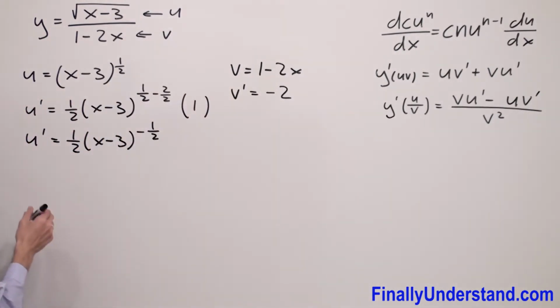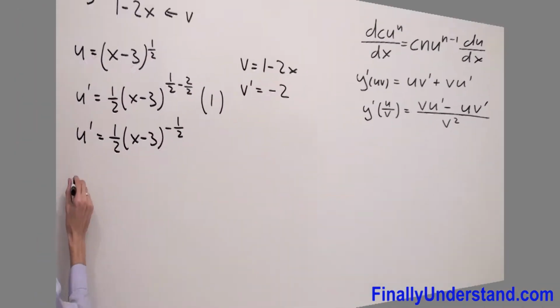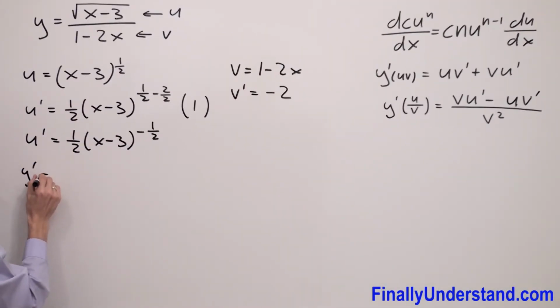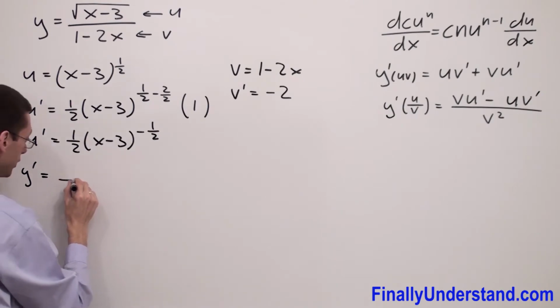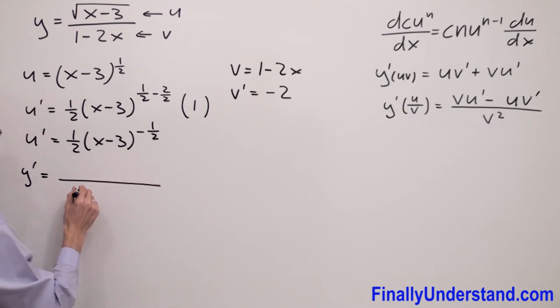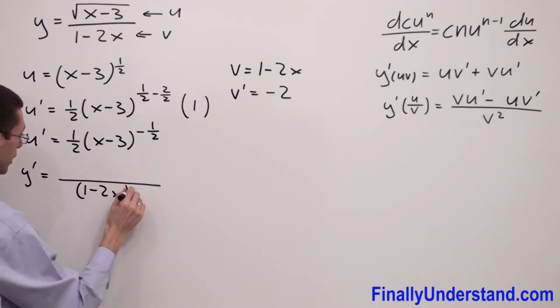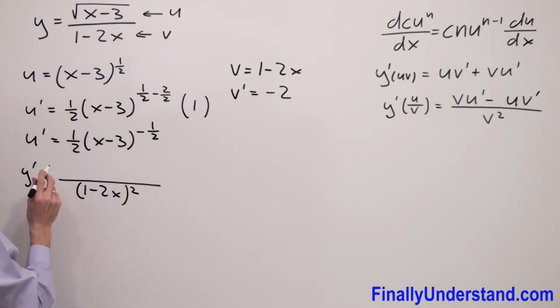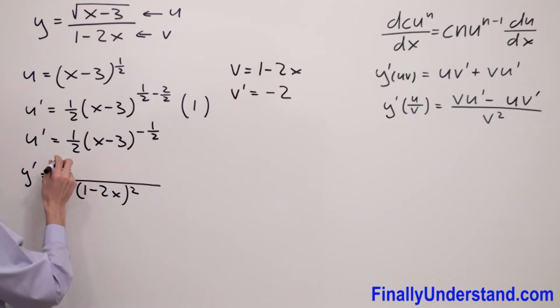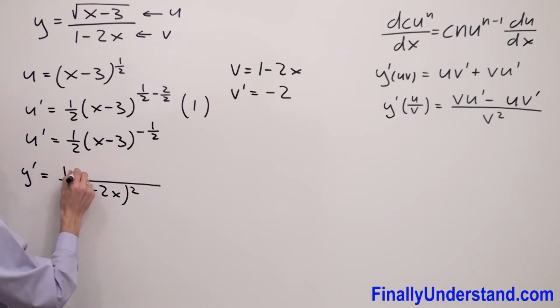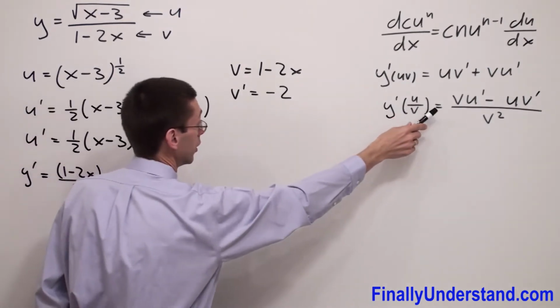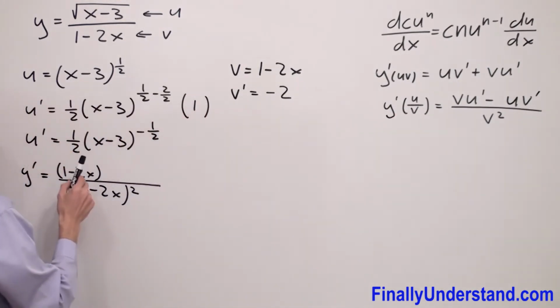So I have y prime is equal to the denominator v, which is 1 minus 2x to the second power. Okay, I'm going to use this formula.